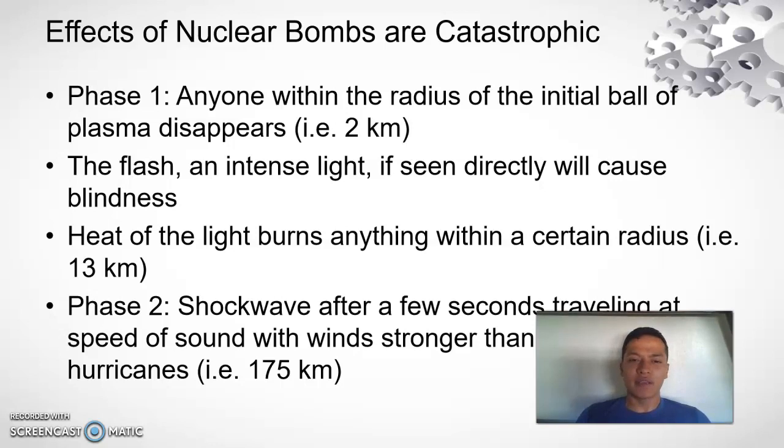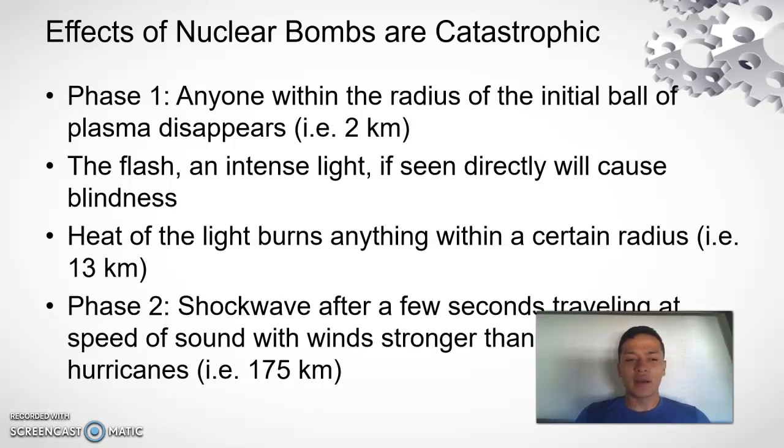And along with this plasma ball, there's a huge flash of intense light that, if seen directly, will cause blindness for a few hours. Along with this flash, it carries heat, which burns anything within a certain radius.